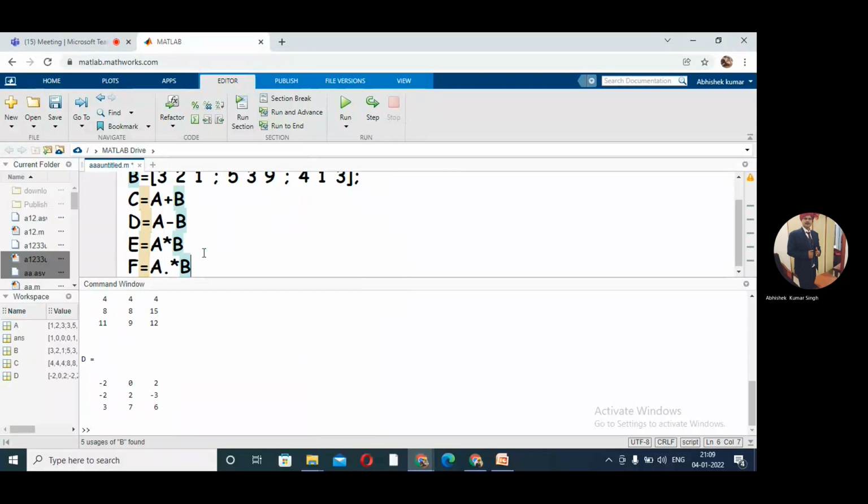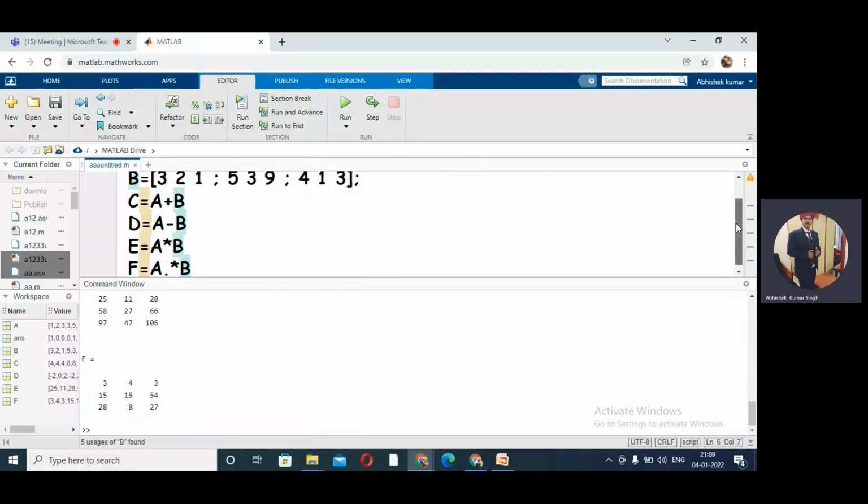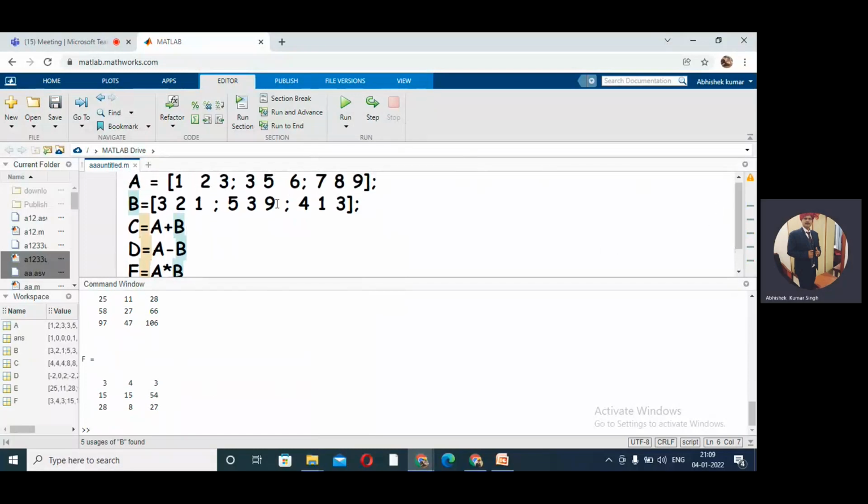element wise multiplication. Element wise means, let us run and see F. So what is the F? You can see that 1 into 3 is coming, 2 into 2, 4 is coming, 3 into 1, 3 is coming.